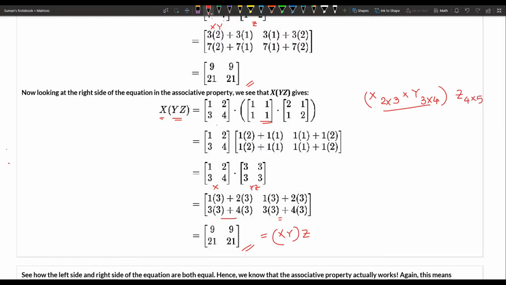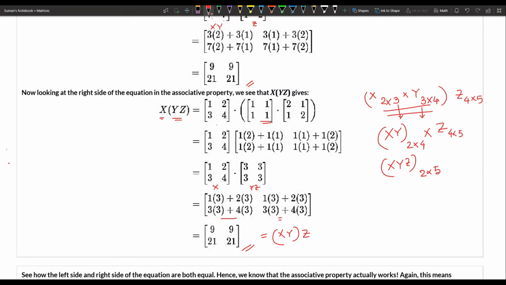At first we multiply those, and that is possible because the column number of X is equal to the row number of Y. So we get the result XY as 2 cross 4, and we multiply it with Z, which is 4 cross 5. After the multiplication we get a result XYZ of 2 cross 5.